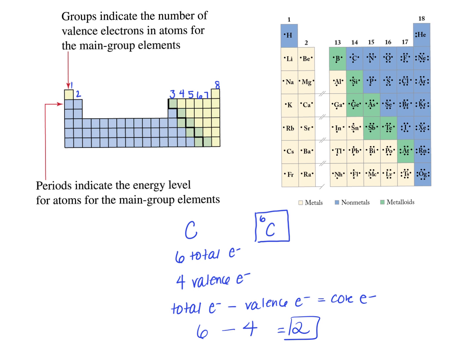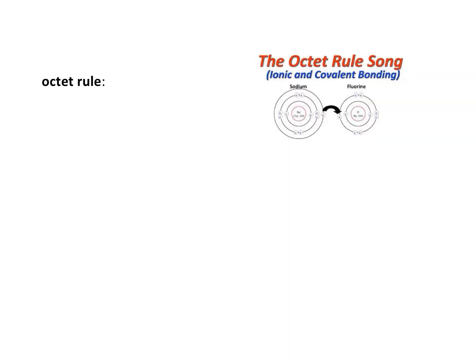Now, this brings us to the octet rule, okay? And when we talk about the octet rule here, elements that are in group 18 have 8 electrons, with one exception, except helium that has 2.